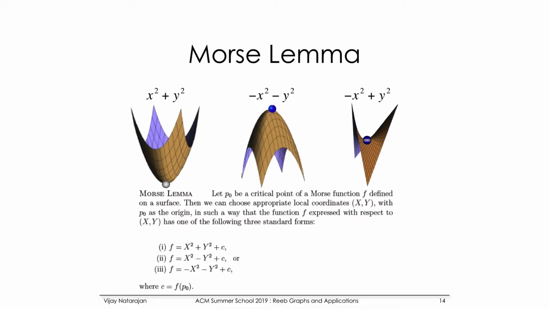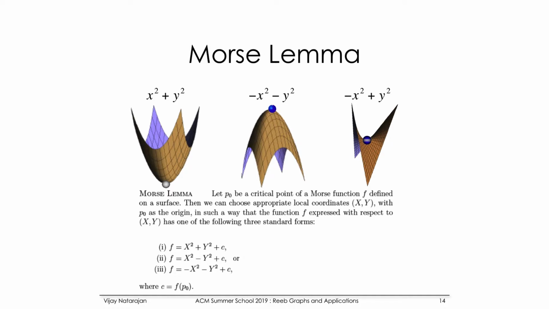So maybe as an exercise, since we won't have time to do it now, you can write down these 3 functions, compute their gradient, and compute the Hessian at that point. Assume that particular point is the origin: the blue minimum, the black maximum, the gray minimum, the blue maximum, and the gray and blue saddle.